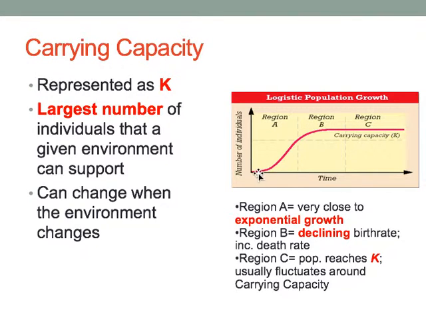This line here that creates this S-curve is called the carrying capacity. When it hits this line, that is the largest number of individuals that a given environment can support.